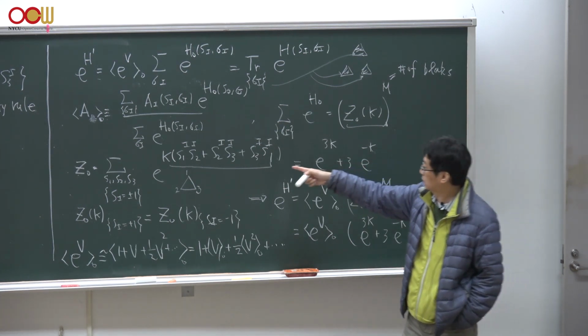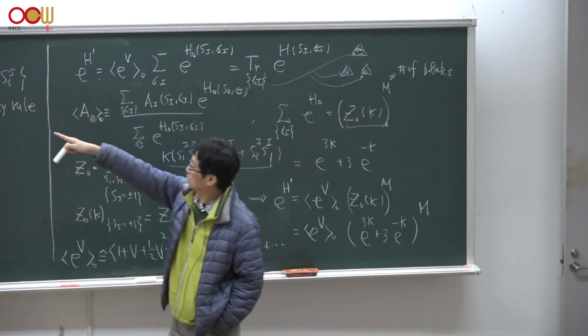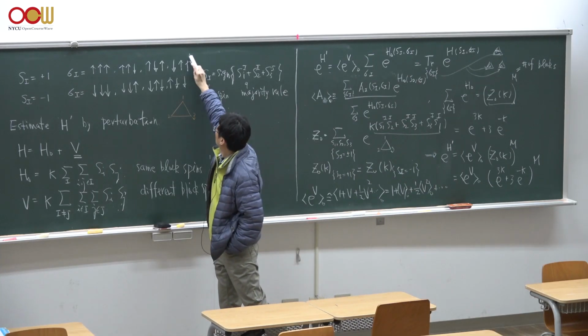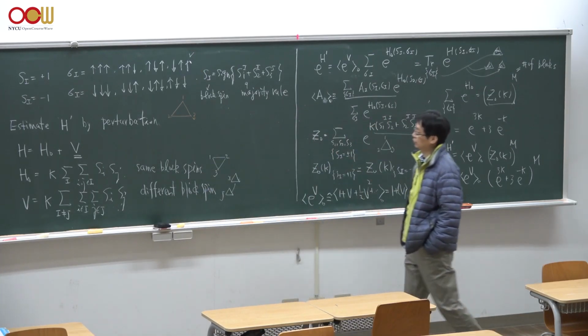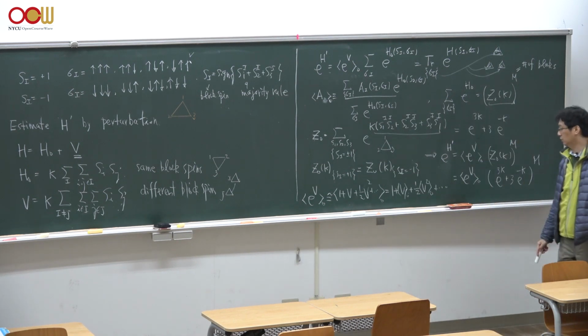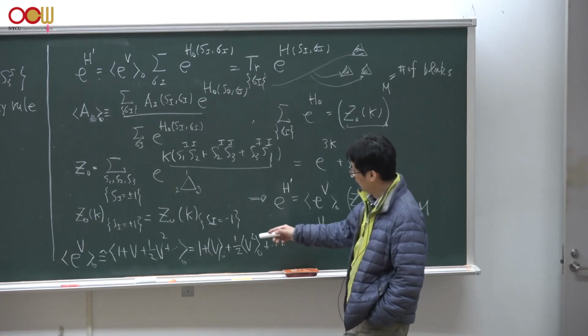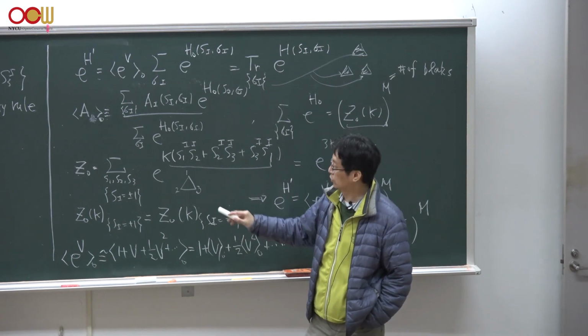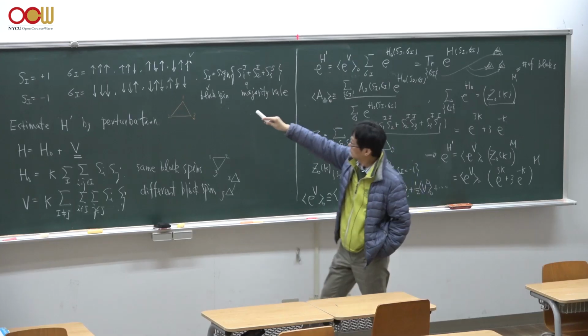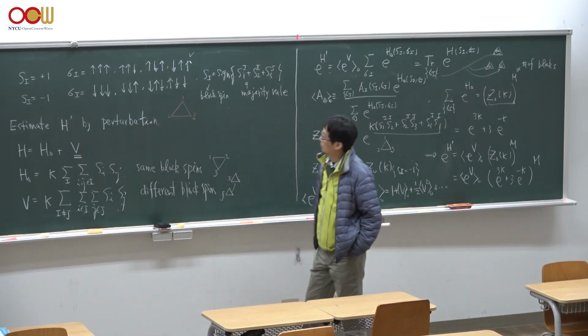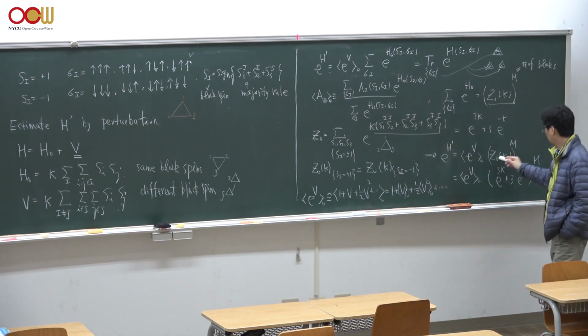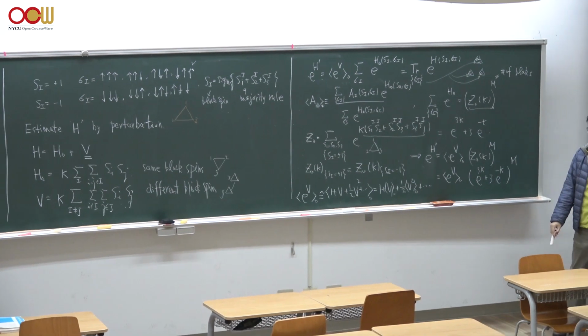You can easily verify this by plugging in these four configurations up here. Likewise, you could evaluate the Z0 for this block spin being minus 1, which has the bottom four configurations, and you plug in these bottom configurations, you get exactly the same result.